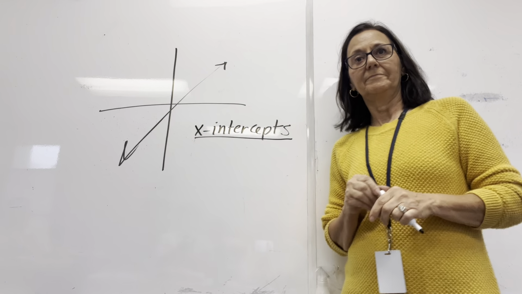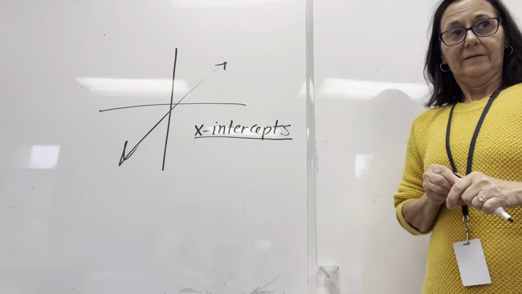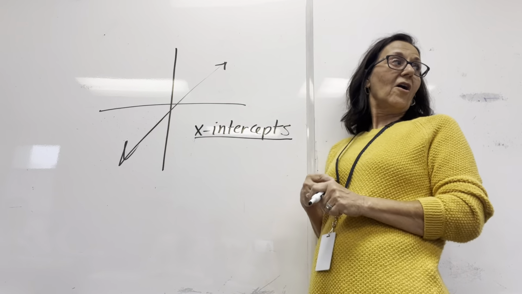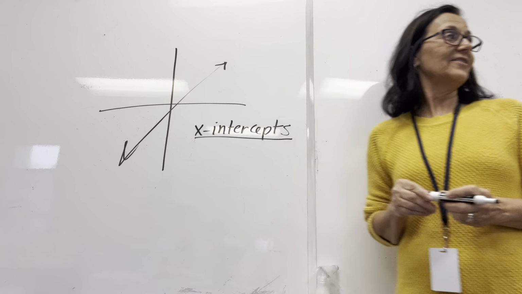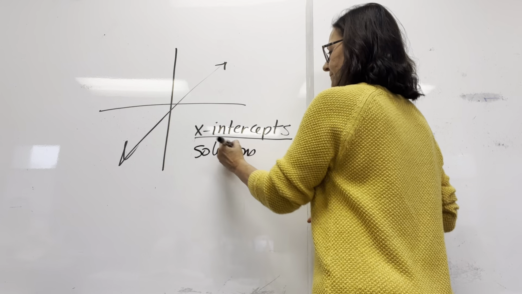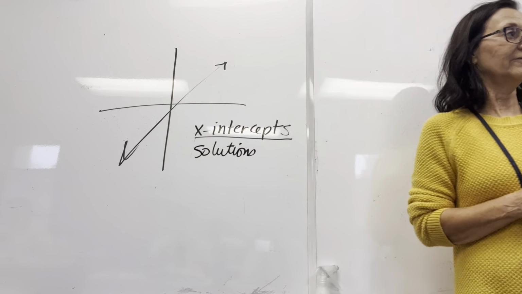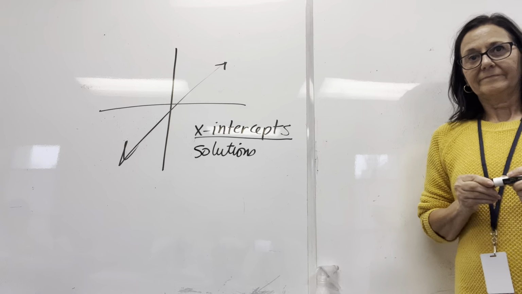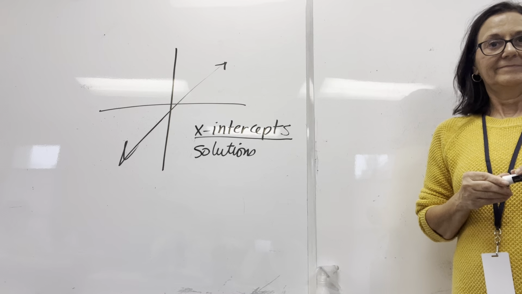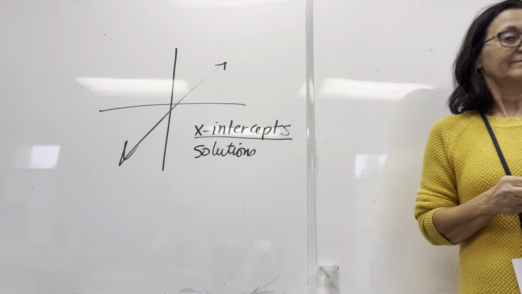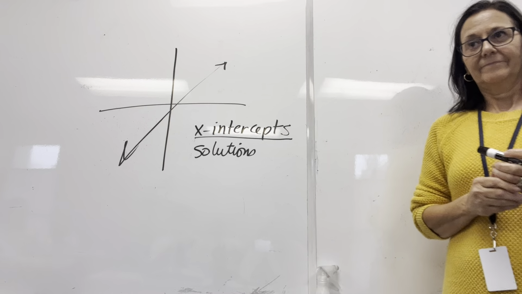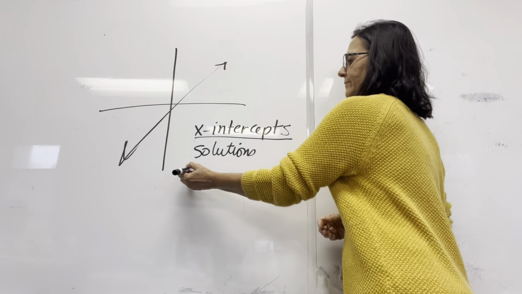Are there other names for them? Yes. What are they? That was a question. Lines. I know. X-intercepts. They're solutions. What are the other words? Congruent. Variables. Transversal. Give us a hint. What does it start with? R. Reciprocals?